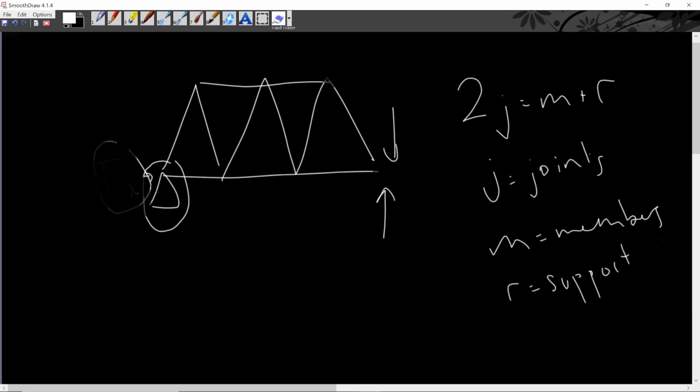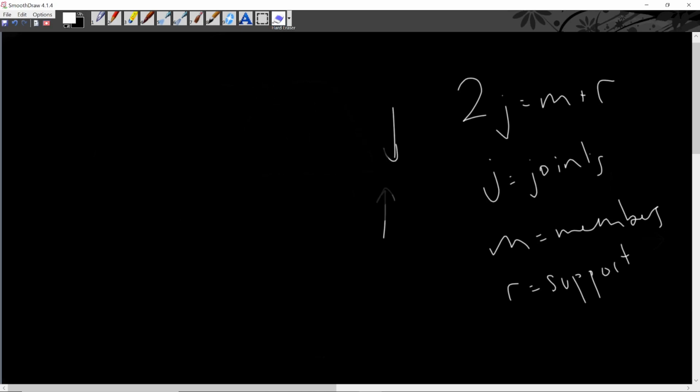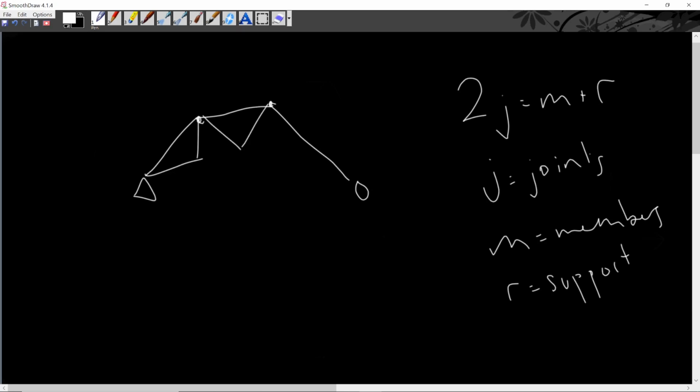So let's try and illustrate this correctly. Let's draw this truss that I found online. We have a pin right here and a roller support right here, and then you have this kind of trapezoid looking thing, and let's really bubble in our joints or nodes, and we can connect them right there.